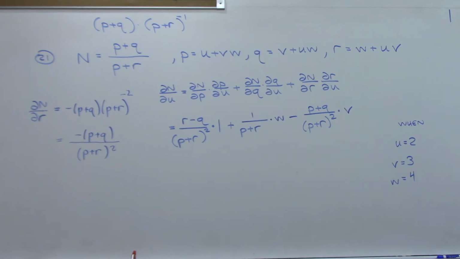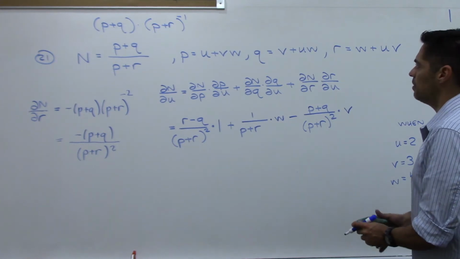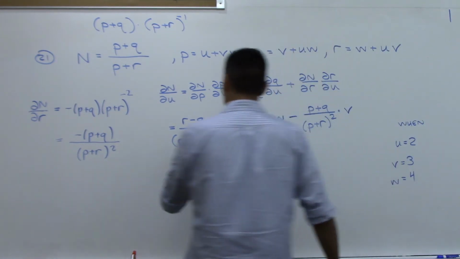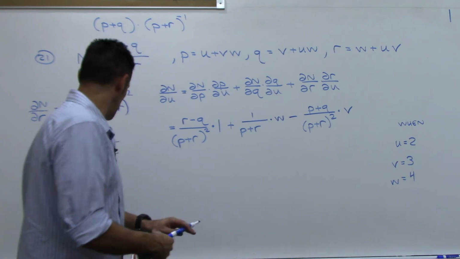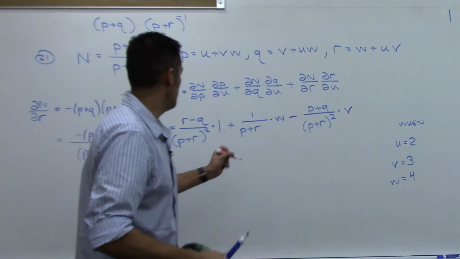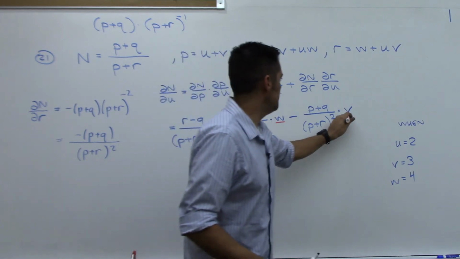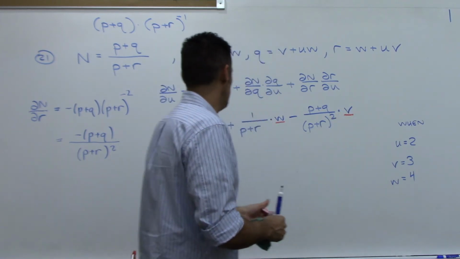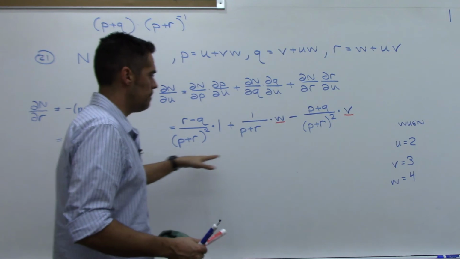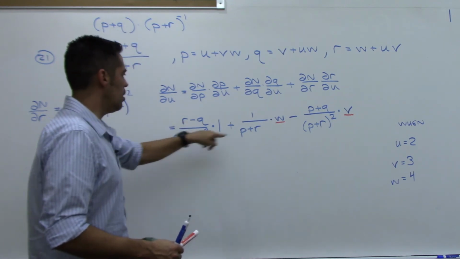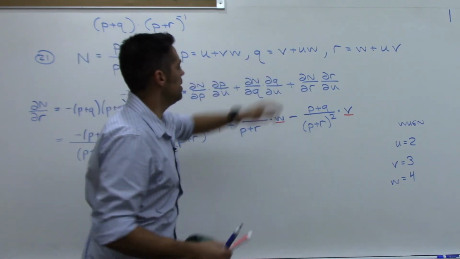Now, I need to plug in u is 2, v is 3, w is 4. So let's see what happens here. I can replace this w with 4. I can replace this v with 3. But I don't see any u's in here. So how are we going to get p, q, and r? Well, we come back to the formulas for p, q, and r.